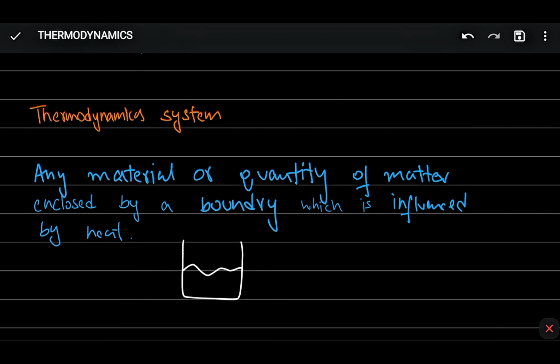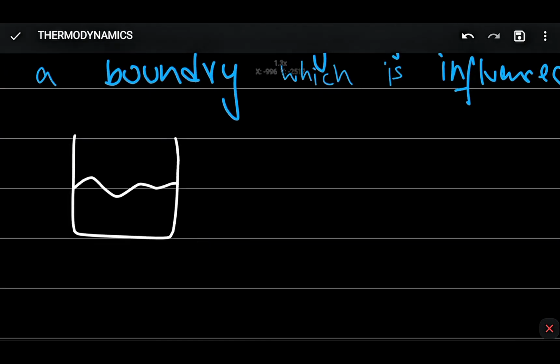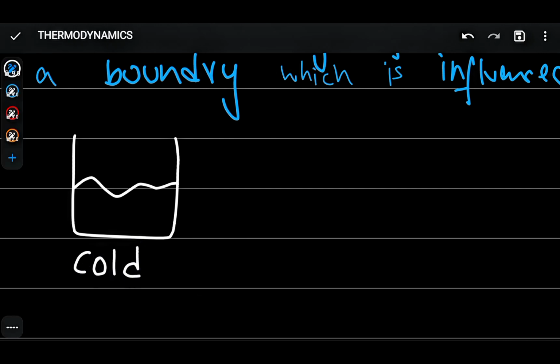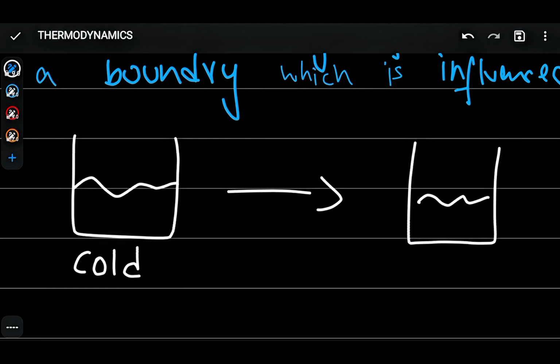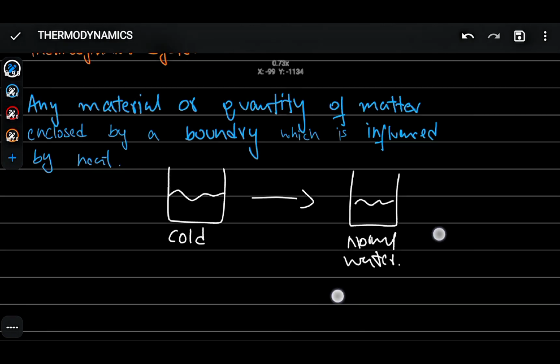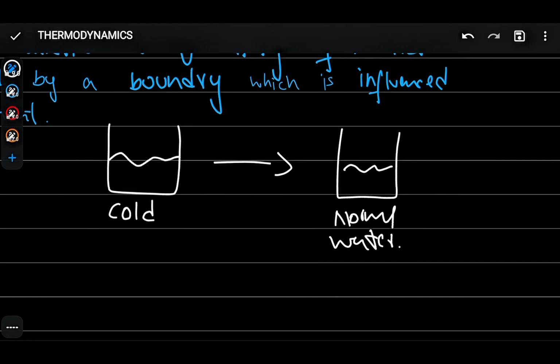For example, it's a cold glass of water and I placed it on my table. As time passes, it will turn into normal water because of the temperature outside. It was cold, but due to the room temperature on my table, it converted into normal water.